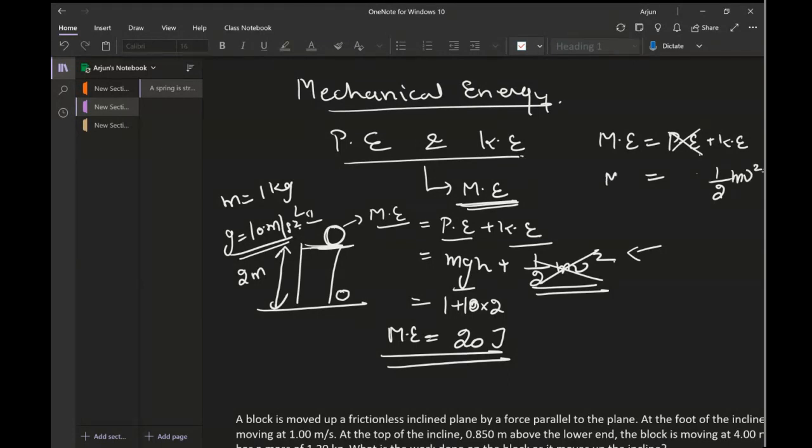Depending upon the velocity, you will find it comes out to be approximately 20 joules if there are no losses. Assuming there are no losses, the whole of the potential energy will convert into kinetic energy. So that was the concept of mechanical energy.